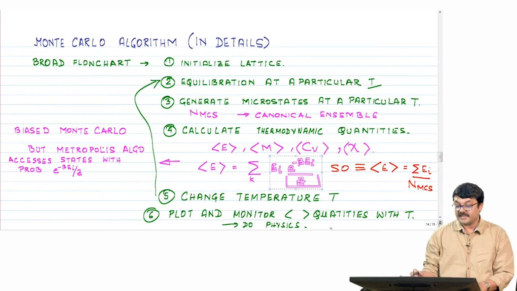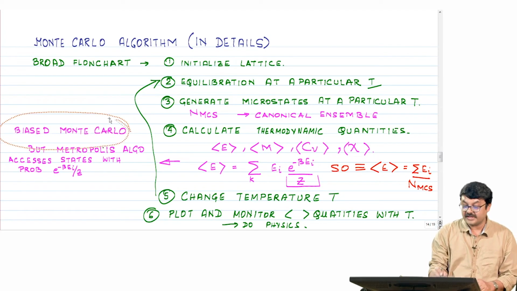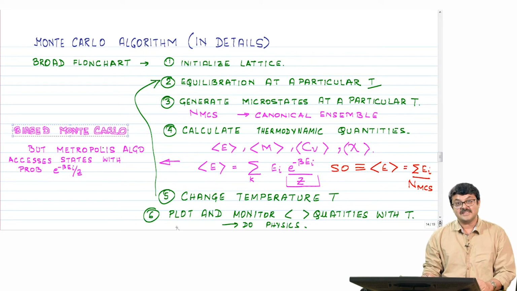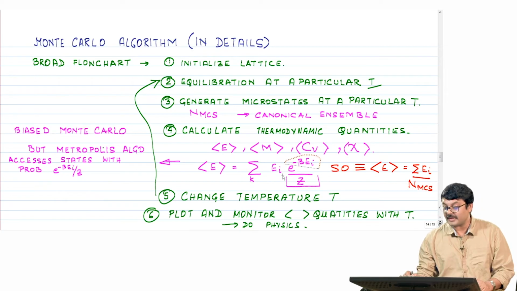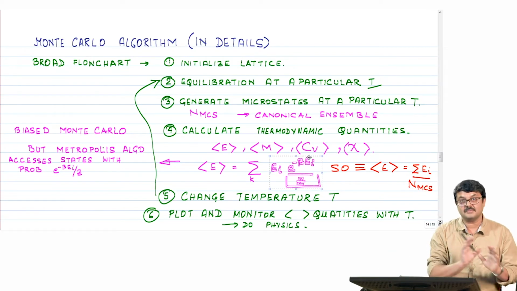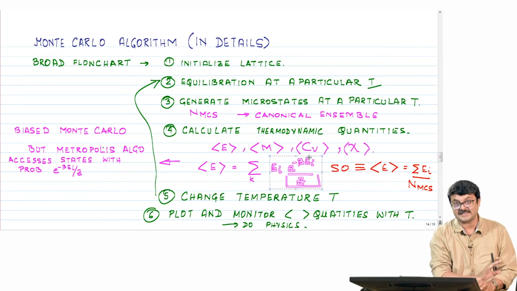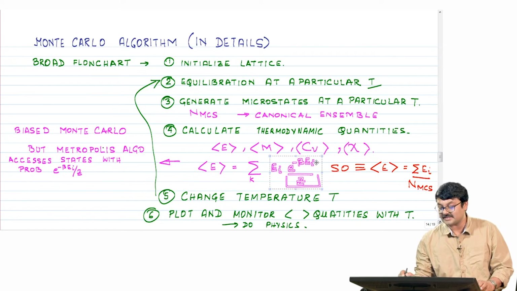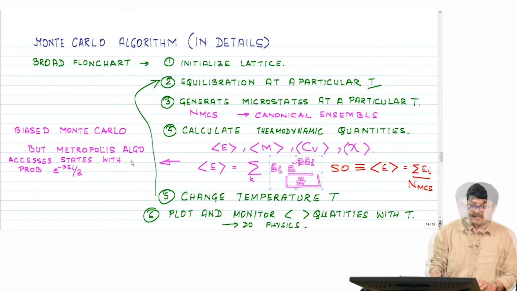But here in our case, as we discussed, we are doing a biased Monte Carlo simulation. So, what is a biased Monte Carlo simulation? We are basically accessing different microstates with the probability e to the power minus beta E_i by Z, right. Why that, we will discuss later, but the algorithm which I discussed last time already ensures that different microstates are being accessed with this probability.